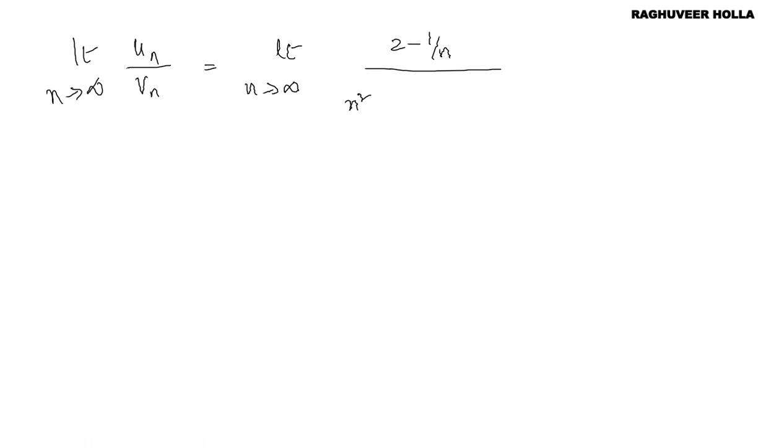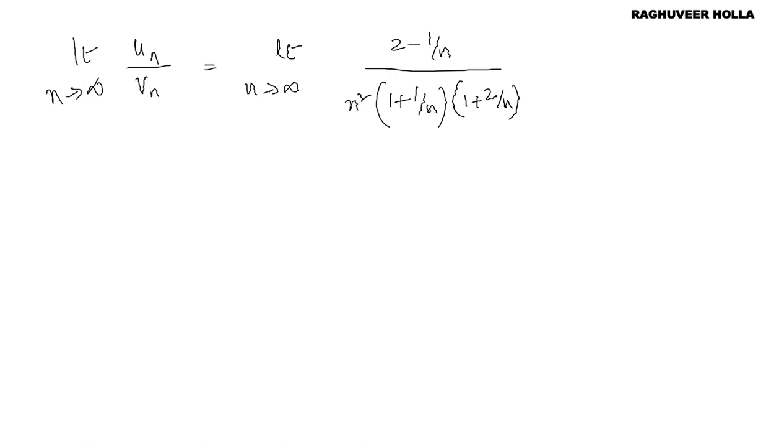So limit as n tends to infinity, un by Vn is equal to limit as n tends to infinity, 2 minus 1 by n divided by n square, multiplied by 1 plus 1 by n, 1 plus 2 by n, right?